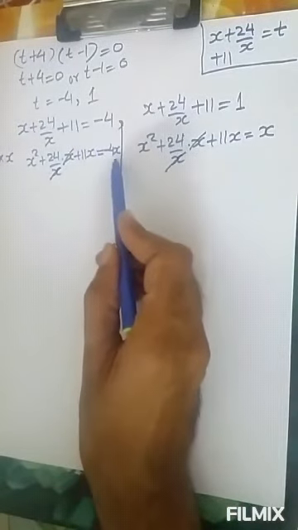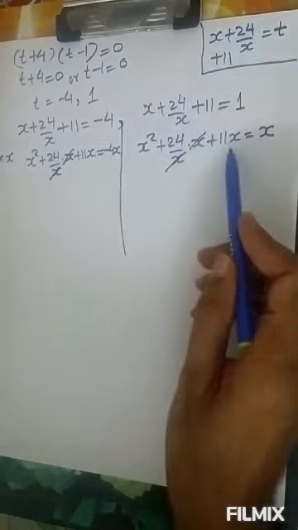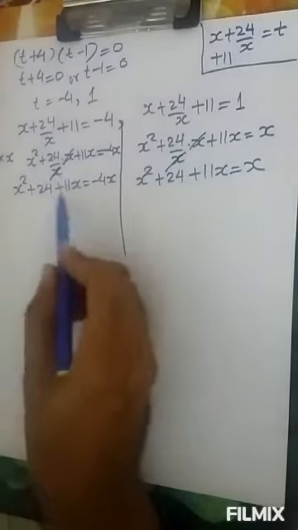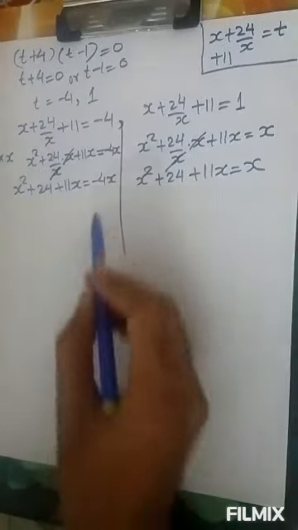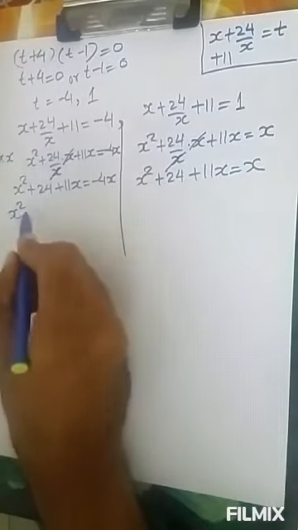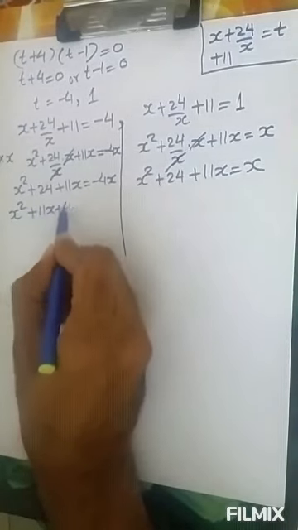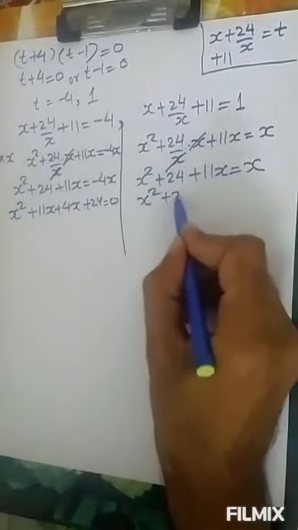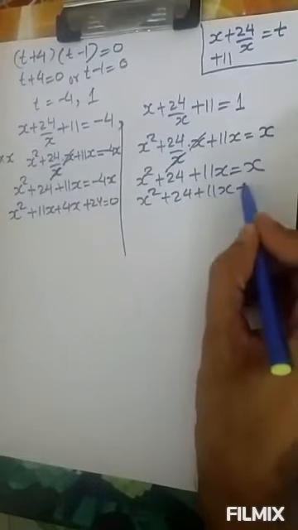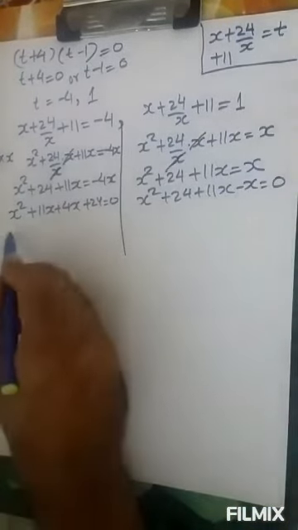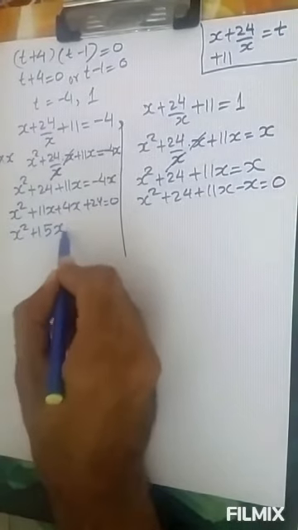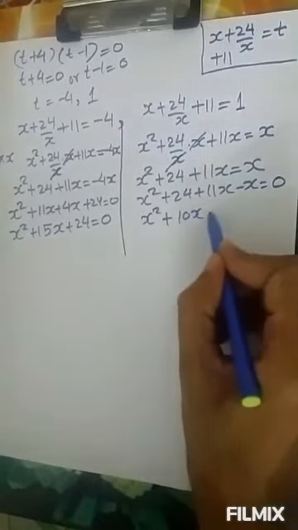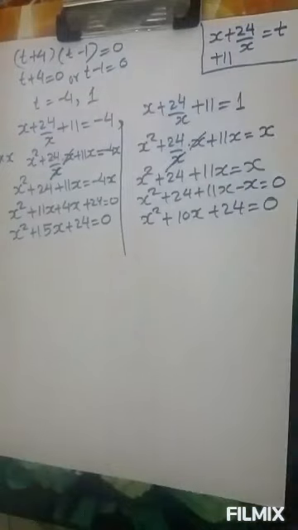Plus 11x, minus 4 becomes minus 4x. Similarly here 11 becomes 11x, 1 becomes x, which basically looks like this. Okay, so x square minus 4x comes this side, 11x, it becomes plus 4x, plus 24 equals to 0. Here also x comes this side, becomes minus x. Okay, so this becomes 15x plus 24 equals to 0, x square plus 10x plus 24 equals to 0.